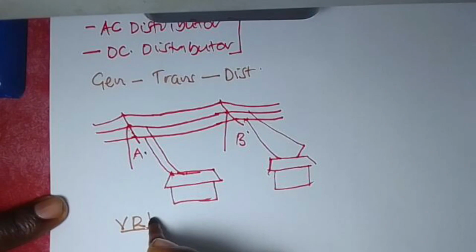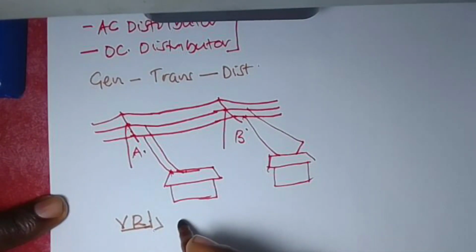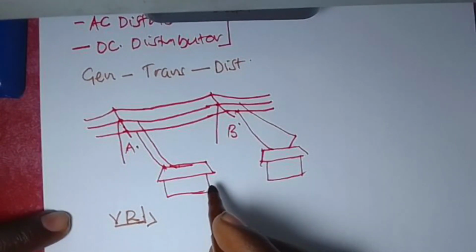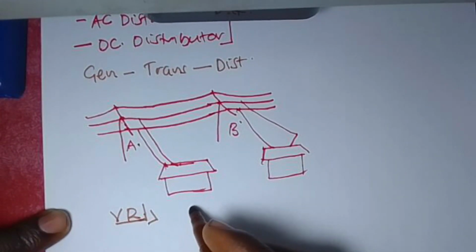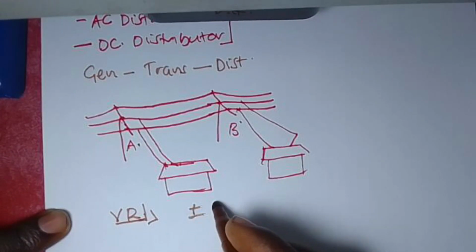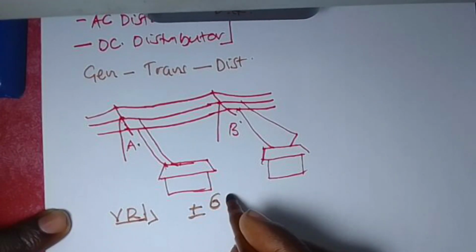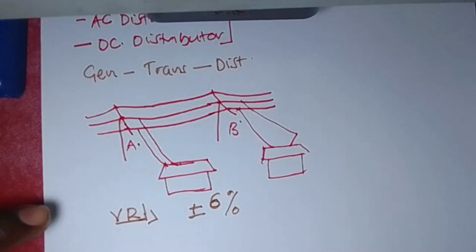And this voltage regulation, maybe for Uganda, says that the voltage at the consumer's point of contact should always lie within plus or minus 6% of the nominal voltage.